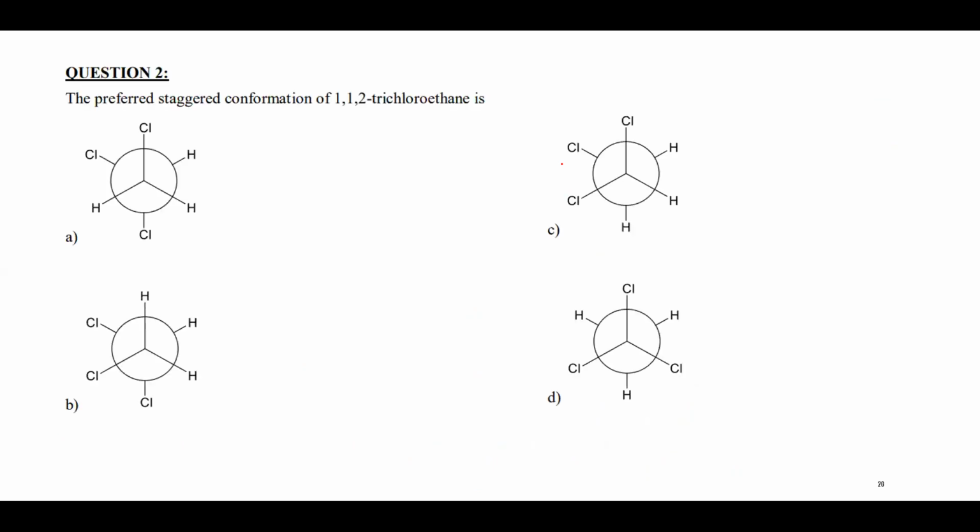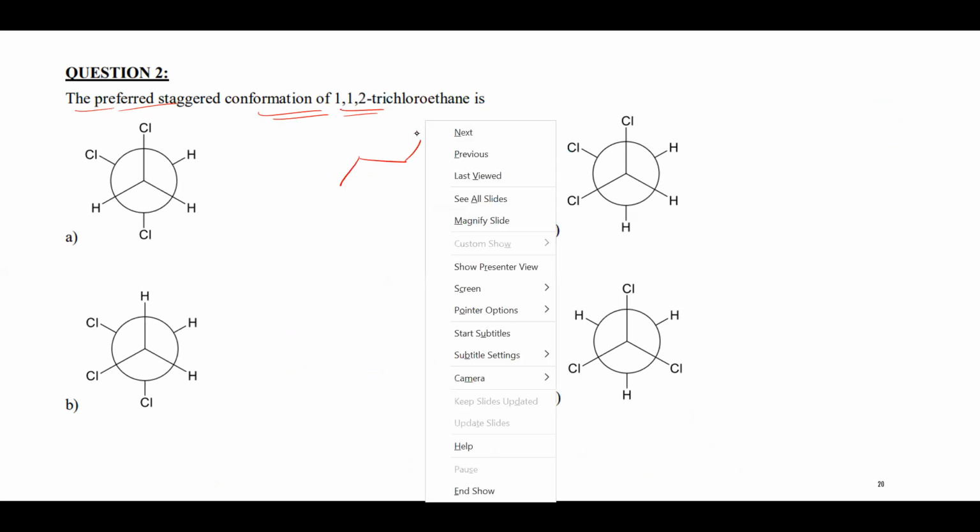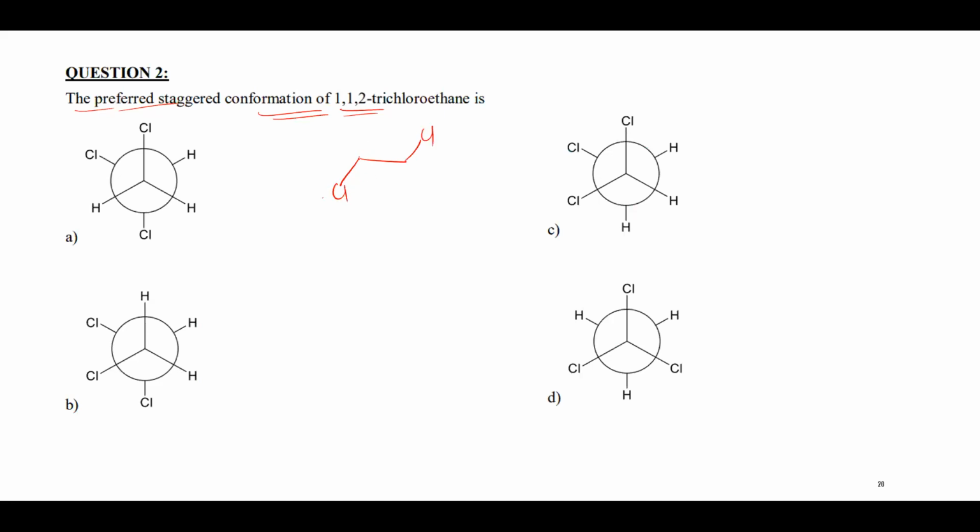All right, so we'll go for the problem based on this. The preferred staggered conformation for 1,2-dichloroethane. So what is the structure here? This is the structure of ethane, one chlorine on each carbon. This is the structure of 1,2-dichloroethane, and we'll look for the preferred staggered conformation one by one.